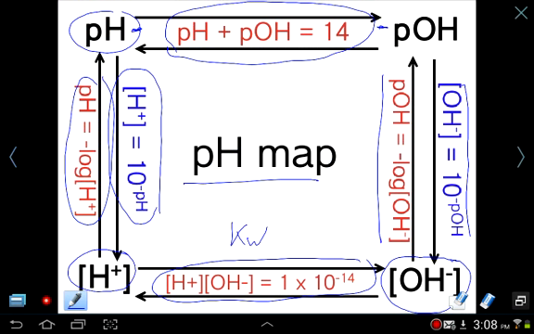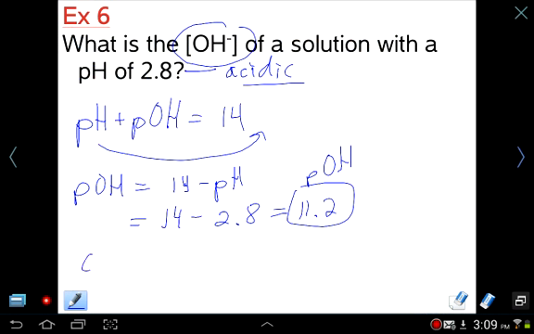In order to find the hydroxide ion concentration, if you take a look at your pH map, to go from pOH down to OH minus, we simply do 10 to the negative pOH using this equation. So your OH minus concentration is equal to 10 to the negative 11.2.